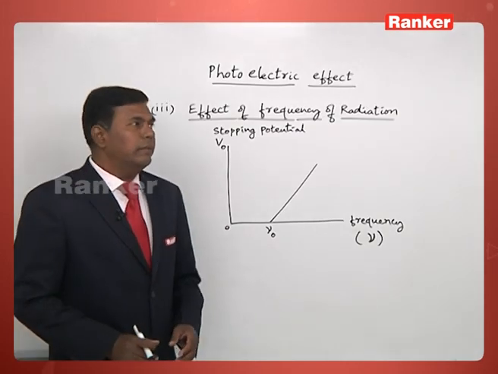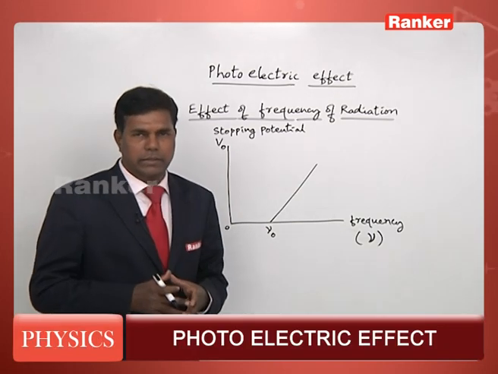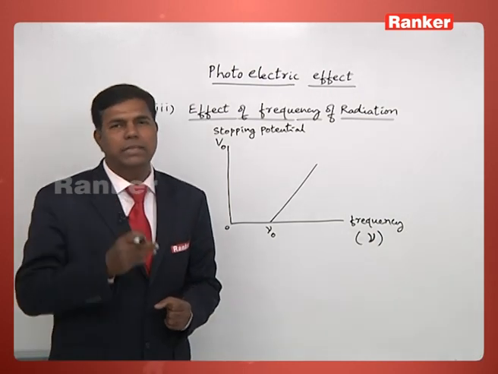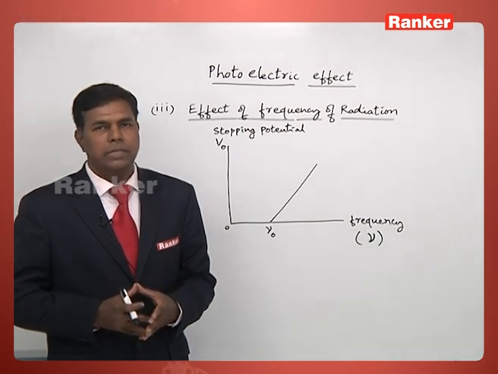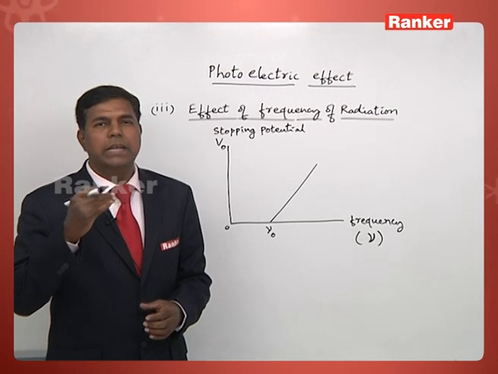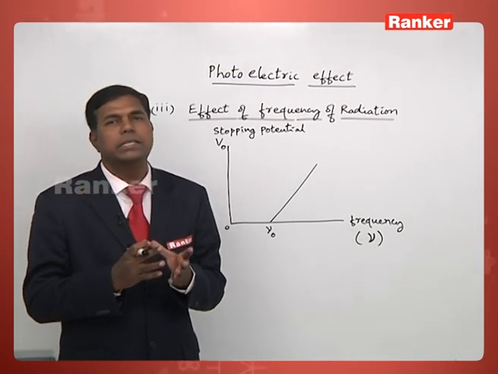Now, we will see the effect of frequency of radiation on the photoelectric effect. In that experiment, we are making some radiation to fall on the metal and some photoelectrons are emitted from the surface of the metal. In that, the frequency of radiation is gradually increased and what happens to the stopping potential is observed.